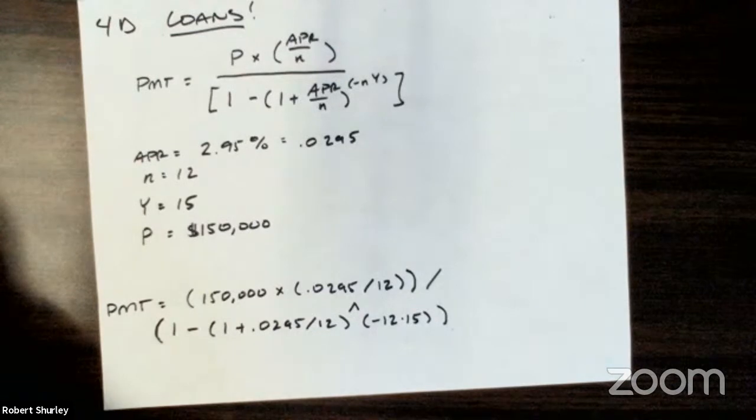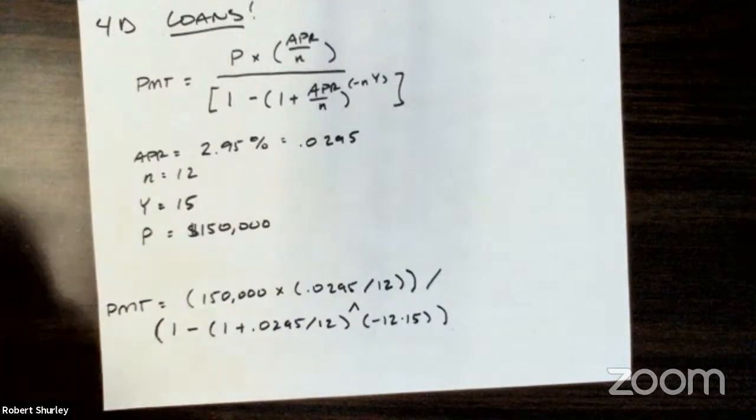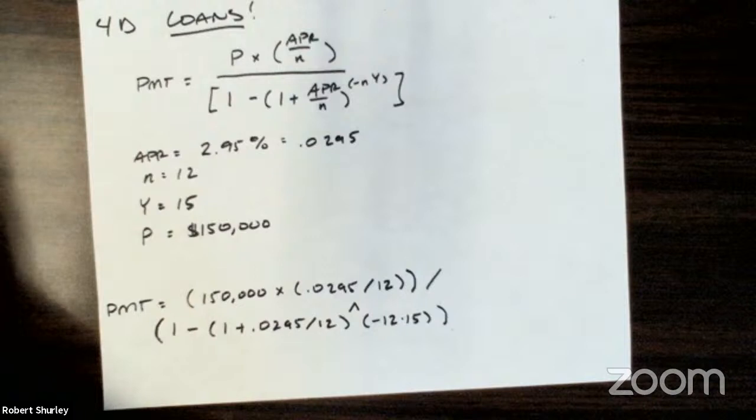So 150,000 times, not plus, 0.0295 divided by 12. Close that off, divided by the denominator, 1 minus parentheses, 1 plus 0.0295 divided by 12 raised to the negative 12 times 15, and then close that off.